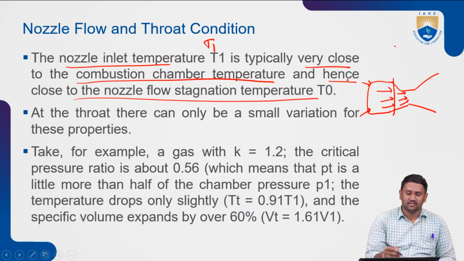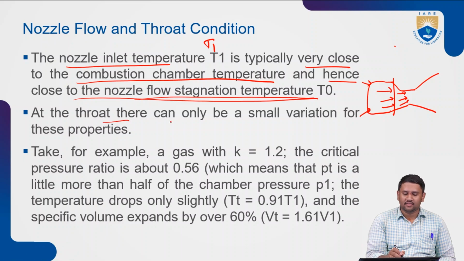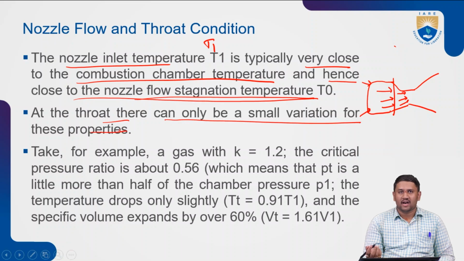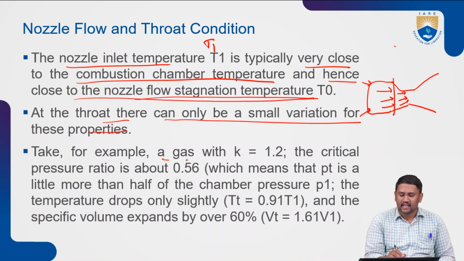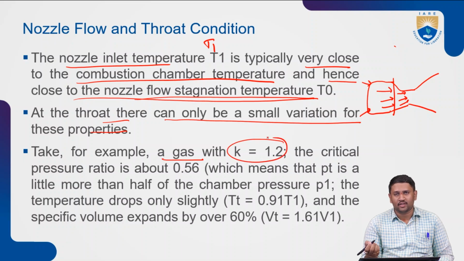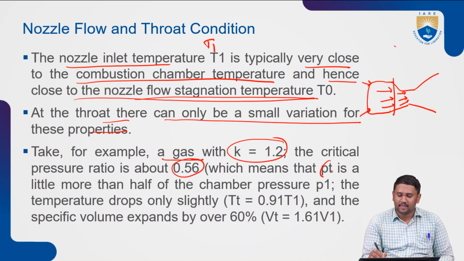Which is also equal to the nozzle flow stagnation temperature. Now, at the throat, there can only be a small variation of these properties. For example, let's take any gas with a k value, a gas constant value, of 1.2 and a critical pressure ratio of 0.56, which means the pressure at the throat is more than half of the chamber pressure P1.